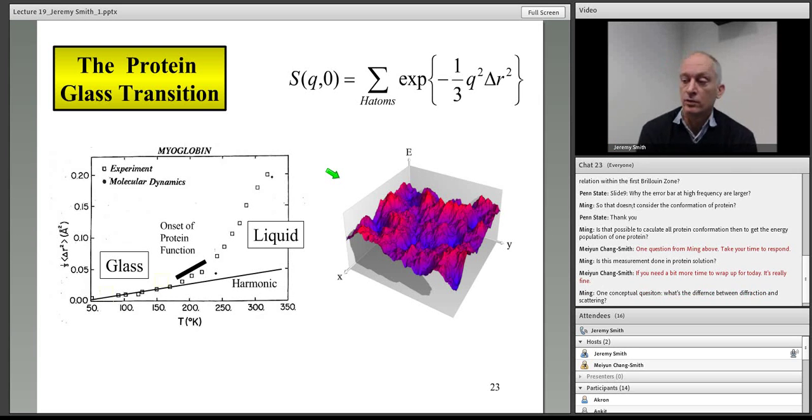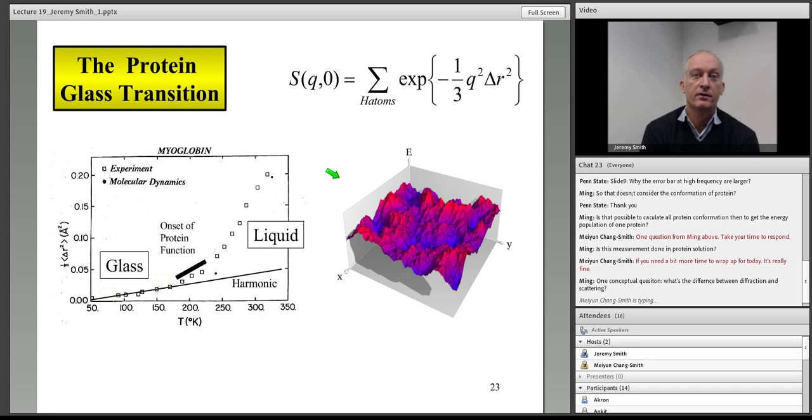One conceptual question: what's the difference between diffraction and scattering? Scattering is a more general term in which there is not necessarily a phase relationship between scattering objects. Diffraction is what happens from a crystal when all the atoms are lined up, and you therefore get scattering waves that reinforce each other and lead to peaks.